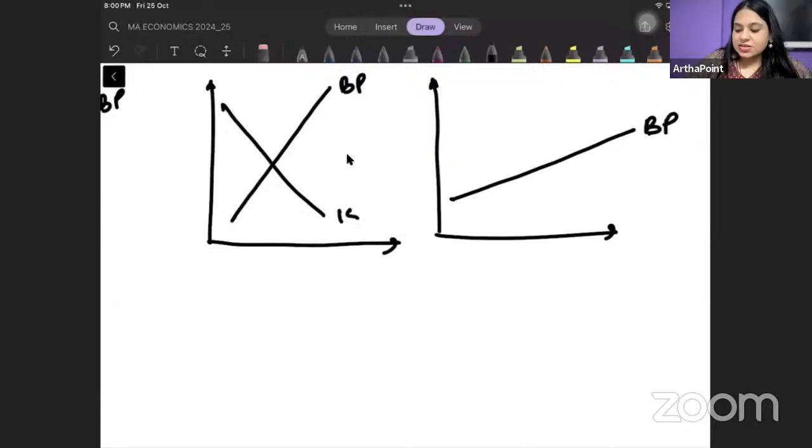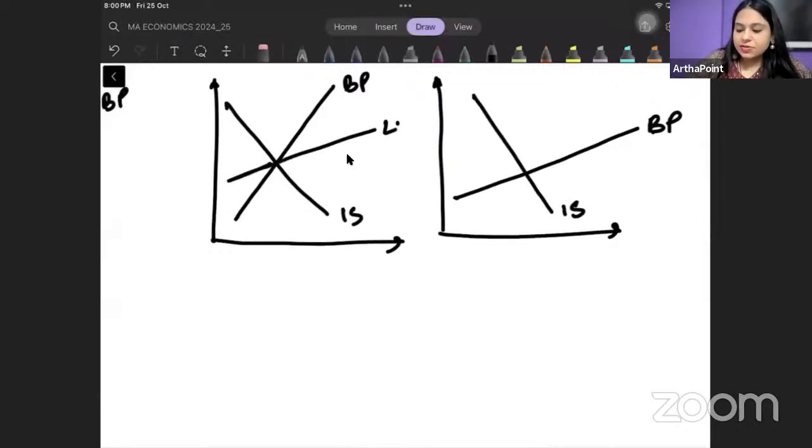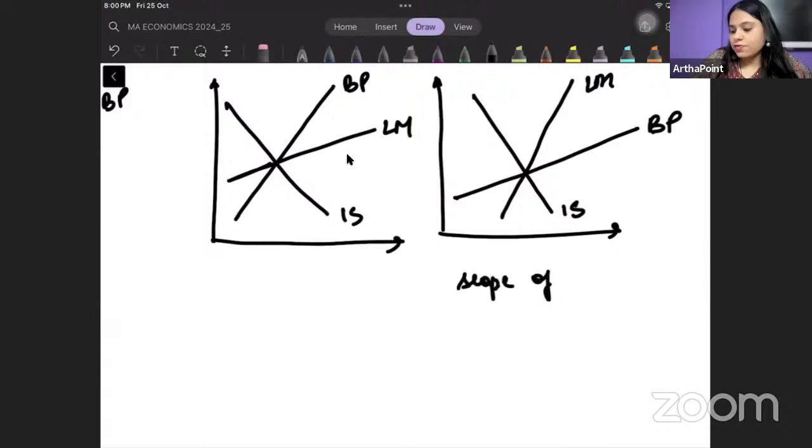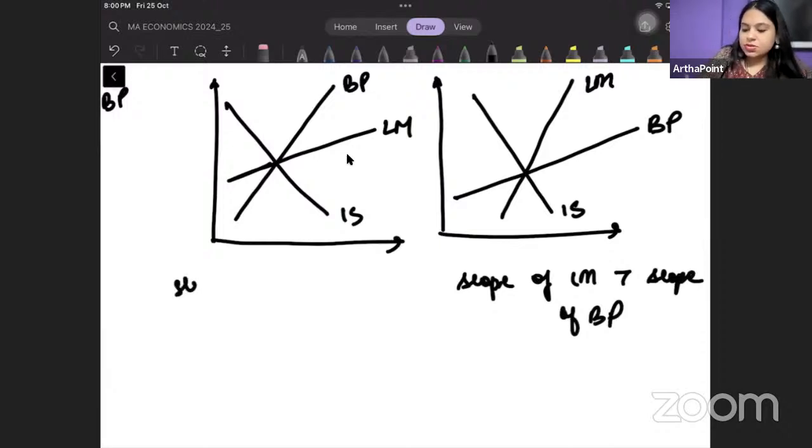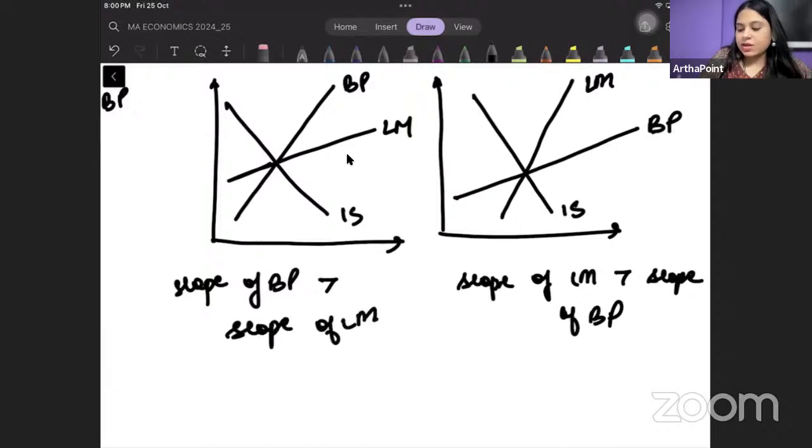This is my IS curve. This is a flat LM curve, and this is a steep LM curve. तो यहाँ पे slope of LM greater than slope of BP, slope of BP greater than slope of LM. We agree?